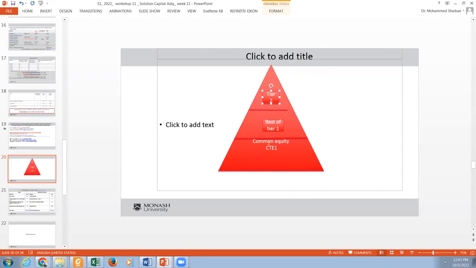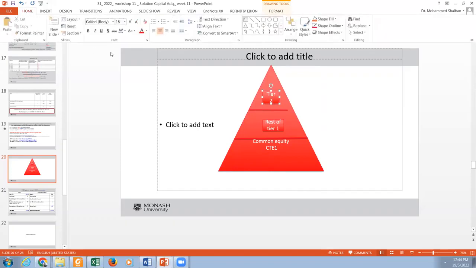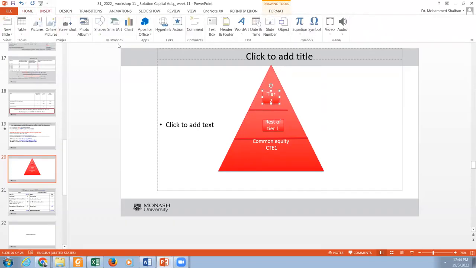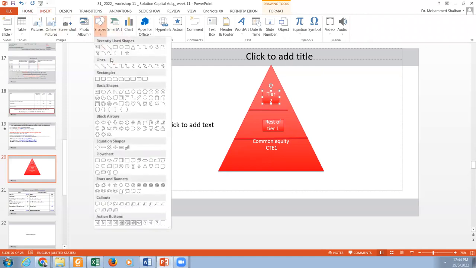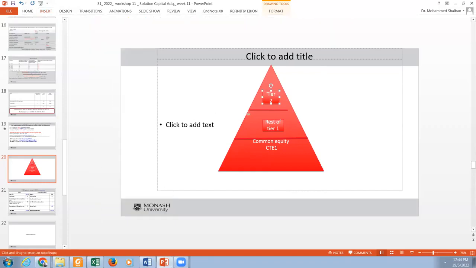And all of this is the capital. So tier 1 is this area from here to here.